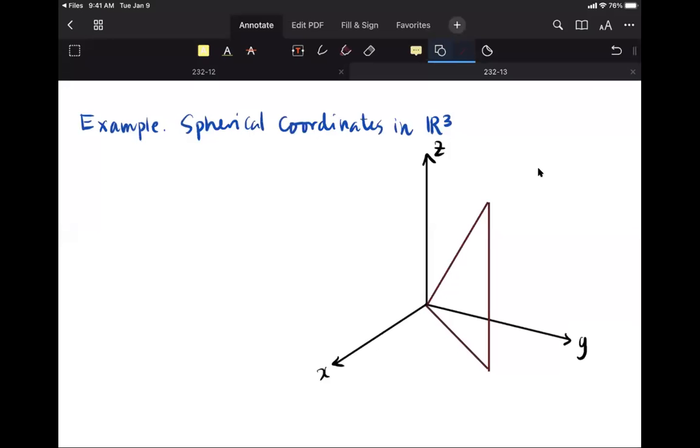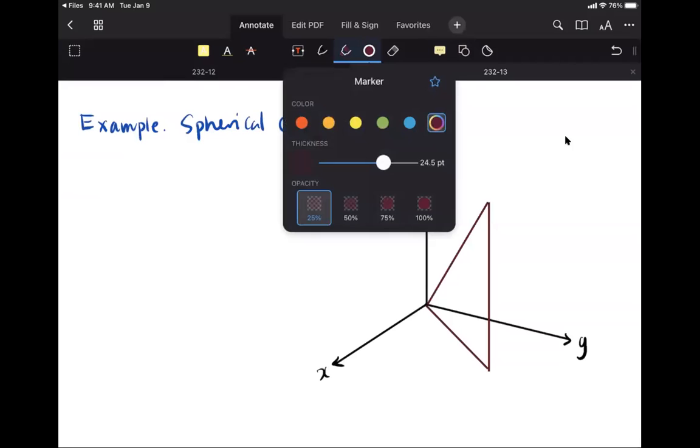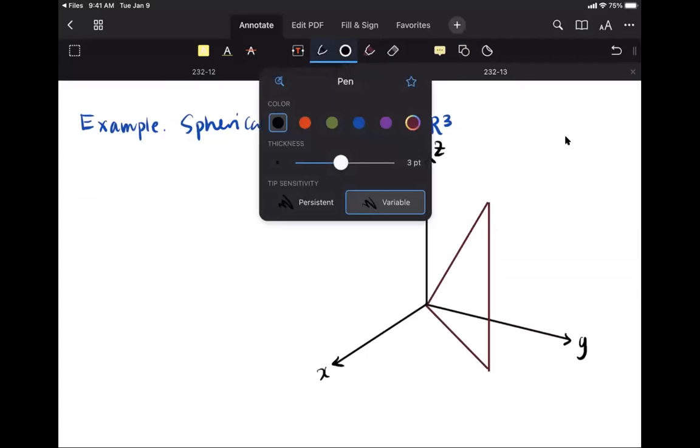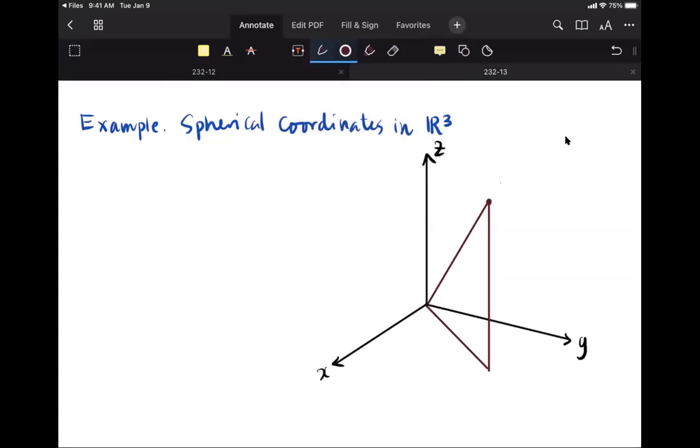So to have our final example, we consider the spherical coordinates. For this, again, we have a point x, y, z in Cartesian coordinates. And here we will now have, let's say, this is r, this is phi.